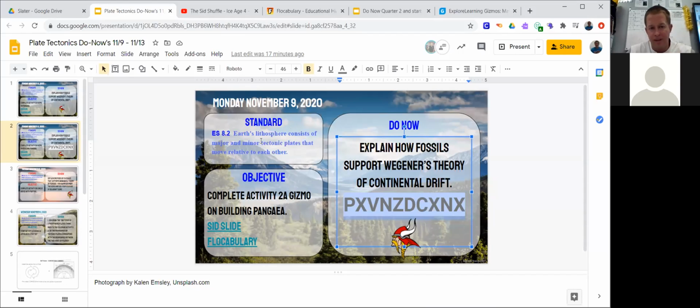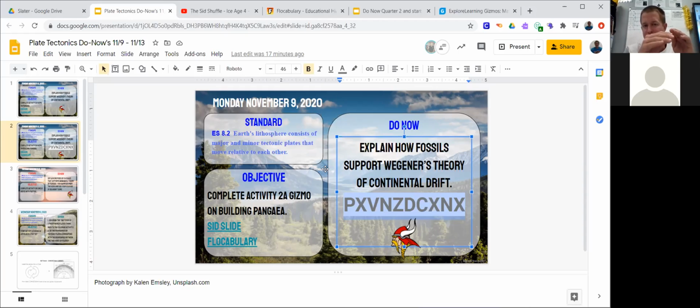Today, we're going to be looking at Earth's lithosphere, how Earth's lithosphere consists of major and minor tectonic plates that move relative to each other. So with that coloring last week, where you were looking at the tectonic plates and seeing how many of them have oceanic crust on them and how many of them have continental crust, you should have seen that the plates have both oceans and lands on them.